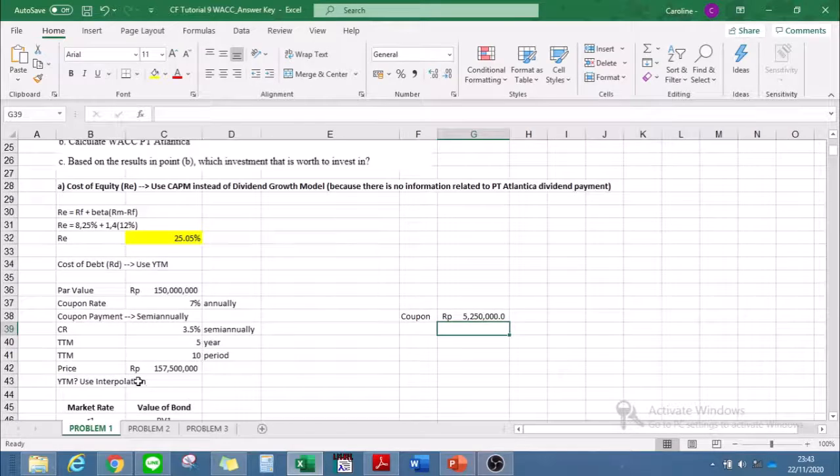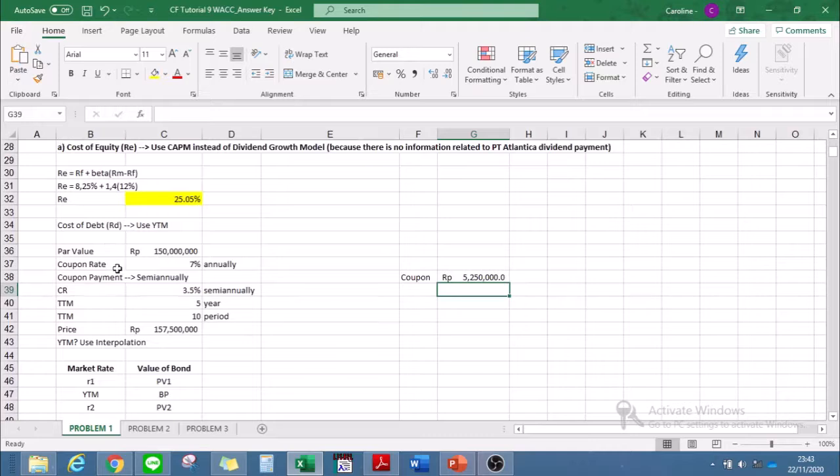Okay, now you know that the price of the bond is currently at a premium, right? So recall the chapter on bond valuation. We know that if the price of the bond is larger than the par value, that basically means that the YTM is lower than the coupon rate.